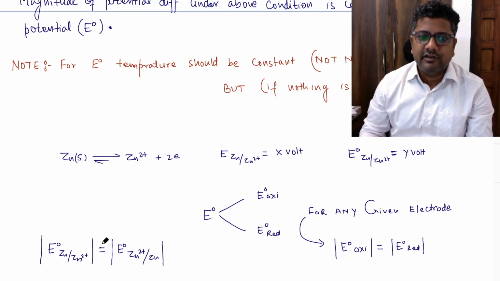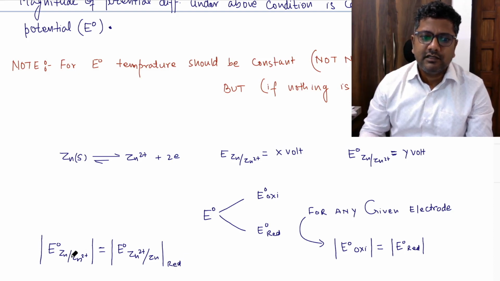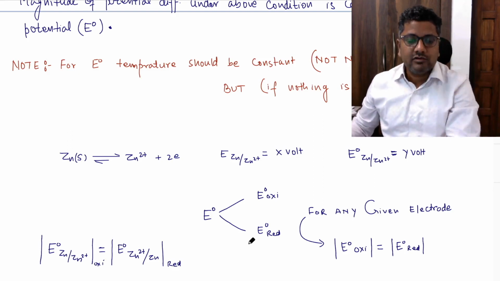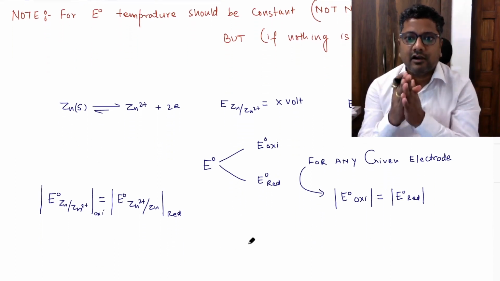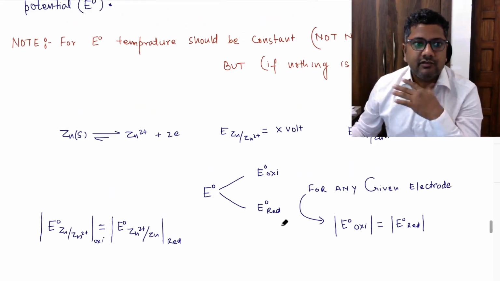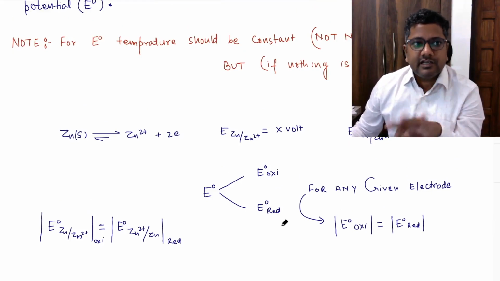And this is always true. This is reduction and this is oxidation, right? So for any given electrode, the E naught oxidation and E naught reduction are always equal in magnitude, the sign is opposite.